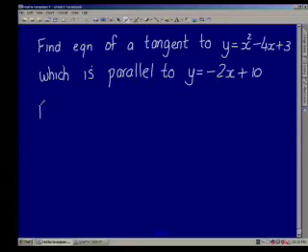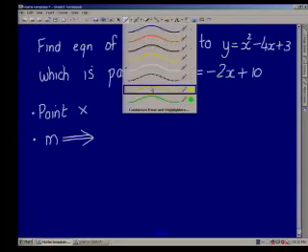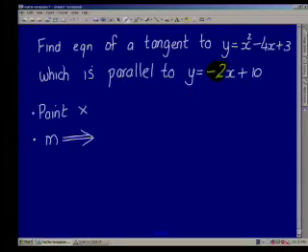Now, remember I told you that you need a point, which at the moment I don't have, but you also need a gradient. And remember that we have a very vital piece of information, that the gradient of our tangent, the thing we're looking for, is parallel to this line, and the line has a gradient of minus 2. So remember that our gradient is going to be minus 2 as well, since the lines are parallel.